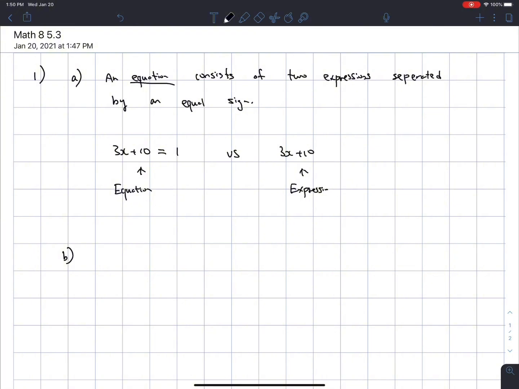So they're using the word constant. Remember, constant is just a number, and because it's a number, it doesn't change. That's why it's called constant.